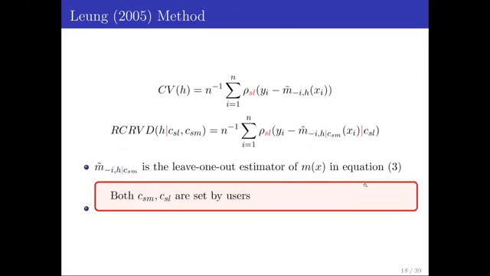And the main issue of the RCV is these 2 variables, CSL and CSM, which are decided by the users. That means in order to find the optimal bandwidth h, you have to set these 2 variables by yourself. And actually, this is also the general conclusion from Leung's methods. In Leung 2005, he just used RCV to find the optimal bandwidth h.